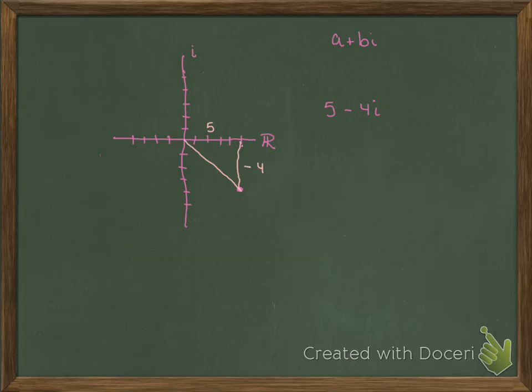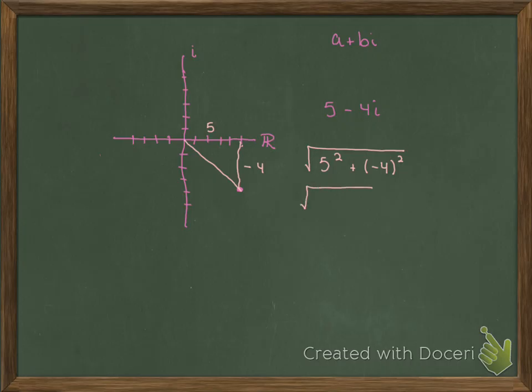So we can find the length of that by putting under our square root 5 squared plus negative 4 squared. Okay, that's the Pythagorean theorem. And then when we take the square root of that, we're going to get the length.